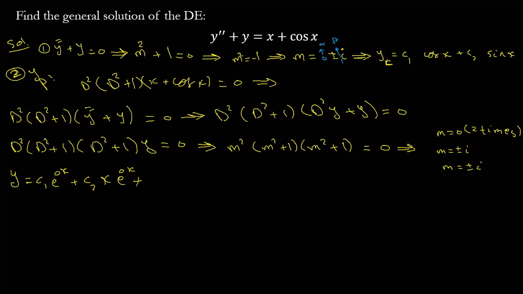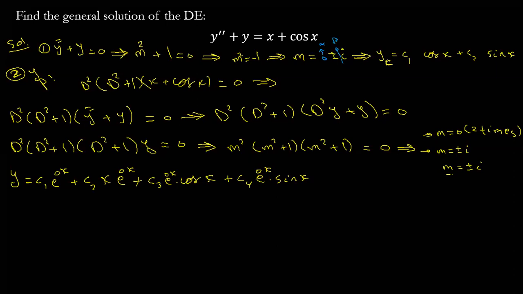Continue, please. Plus C3 e to the 0x cosine x, you are right, plus C4 e to the 0x sine x. So you finished this m and this m.